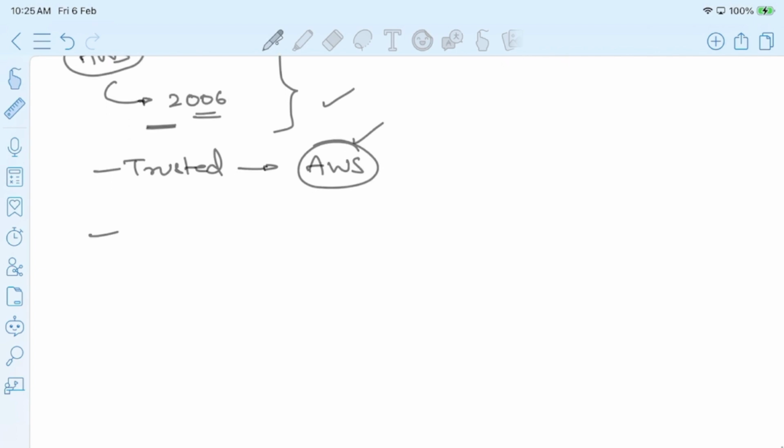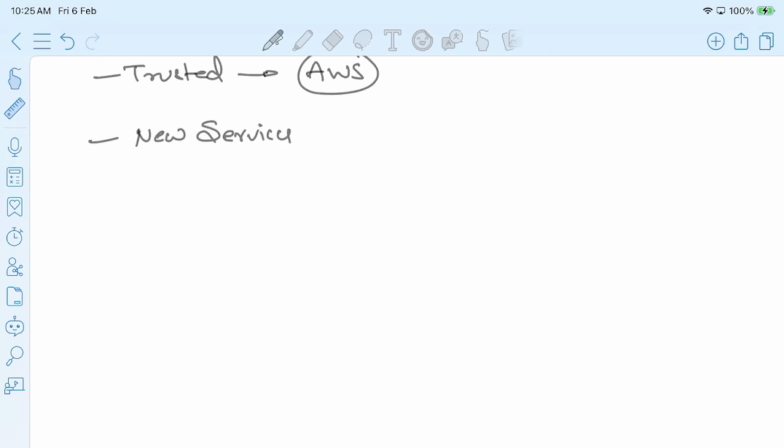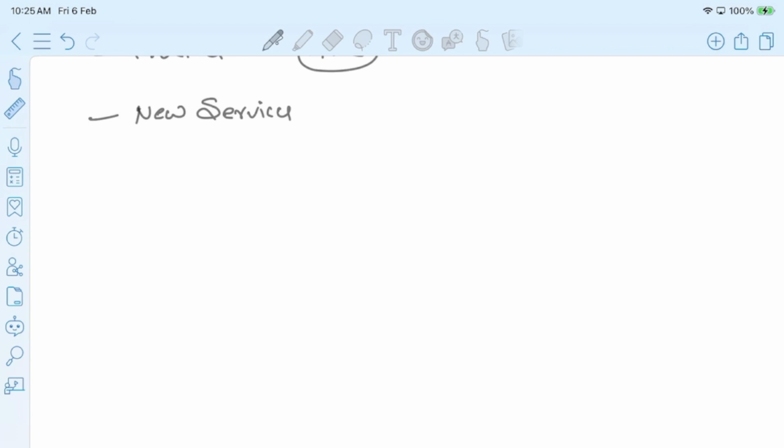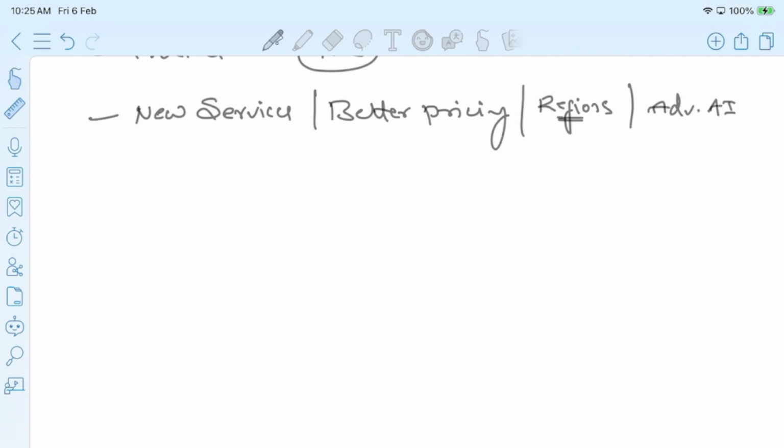One more thing, AWS continuously launches new services. If any innovation happens on the technical side, AWS will pick it up and start launching new services with better pricing, and spread across the globe by opening new regions so that users can access resources from the respective regions. It also provides advanced AI tools as per current market trends.